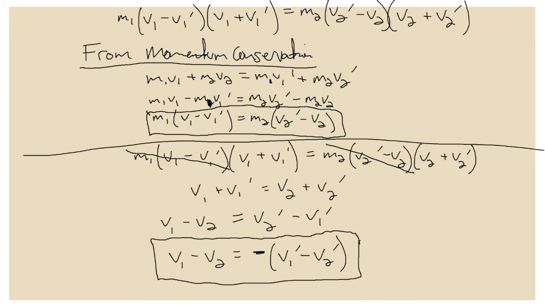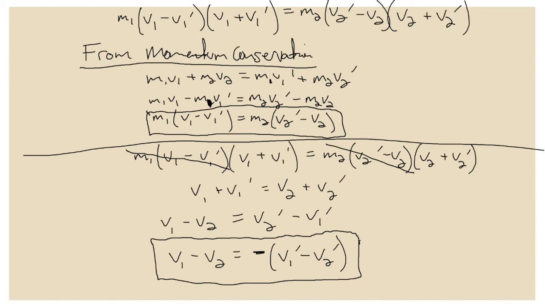The reason why it's an extremely useful equation is because, number one, it's way easier to use than the conservation of kinetic energy equation. But also, that equation tells us something really important conceptually. What is v1 minus v2? Think about two objects traveling on some surface, like your table.